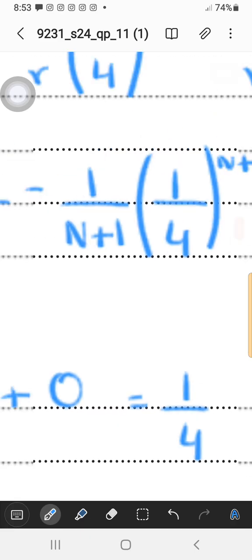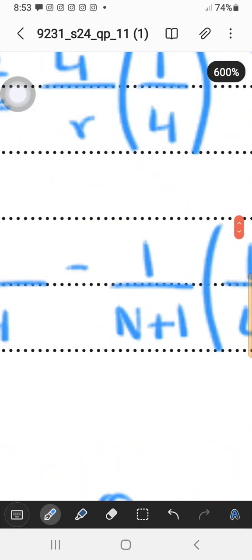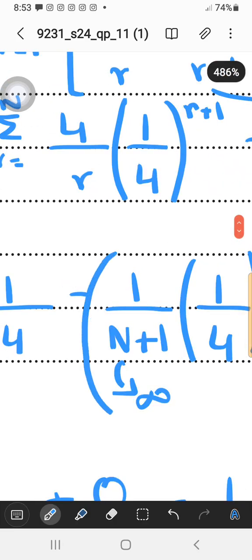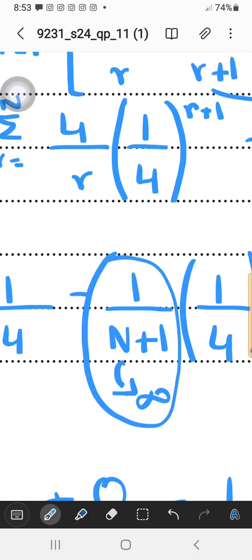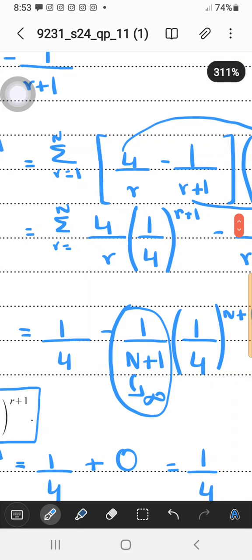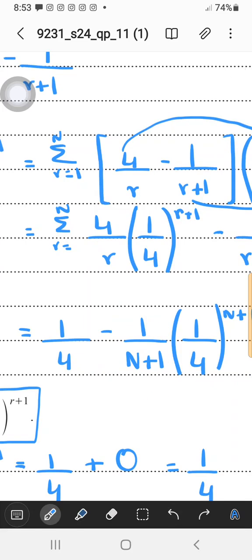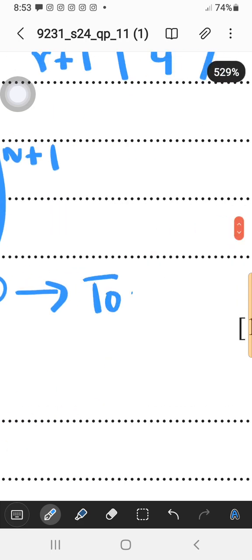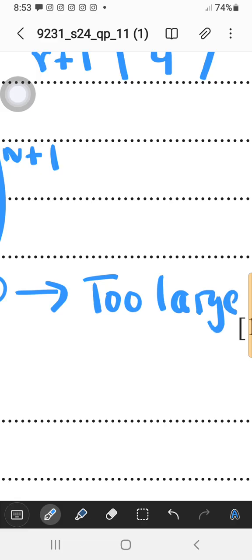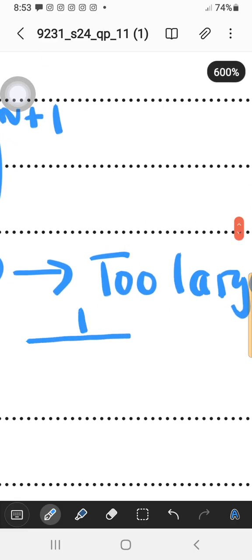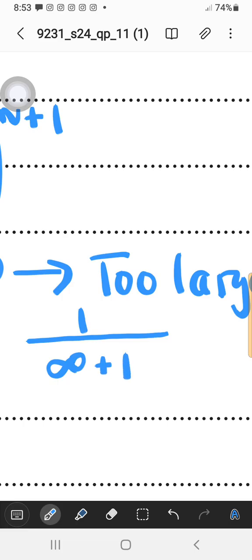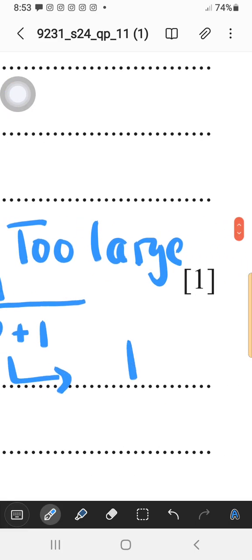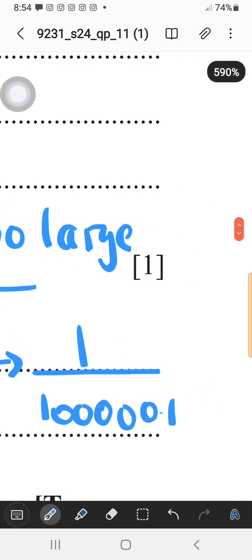I hope you get our solution. As there is infinity, let me tell you again, as there is infinity, this complete becomes 0. Let me tell you how. Infinity is a too large number. If we write infinity plus 1, we can consider that it is 1 lakh plus 1.